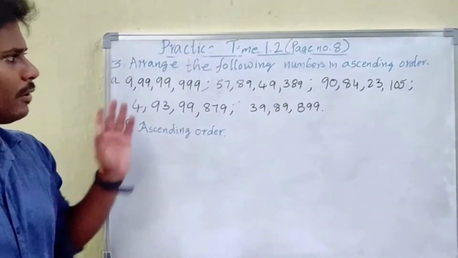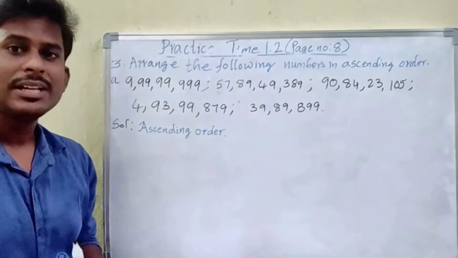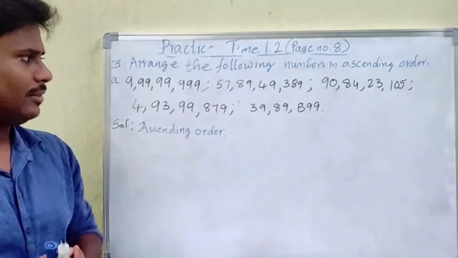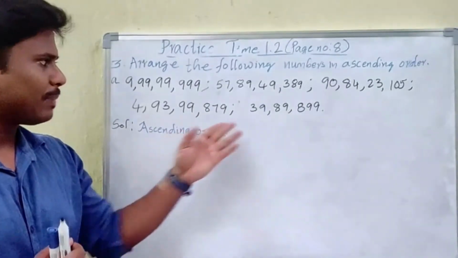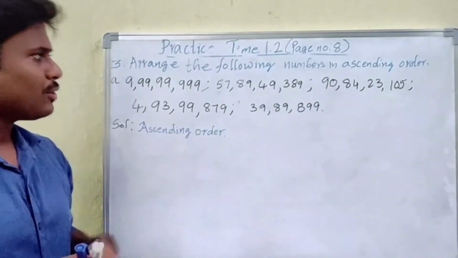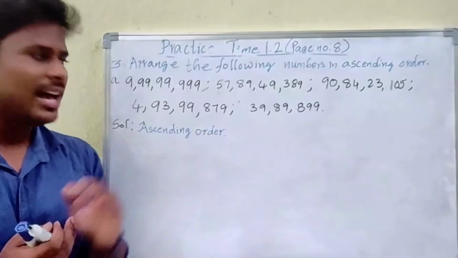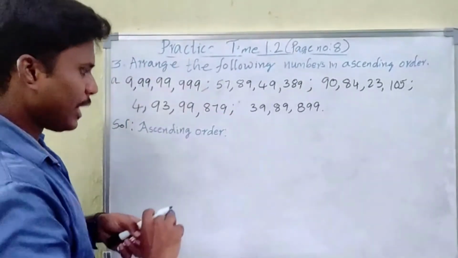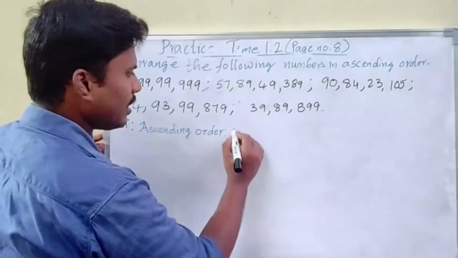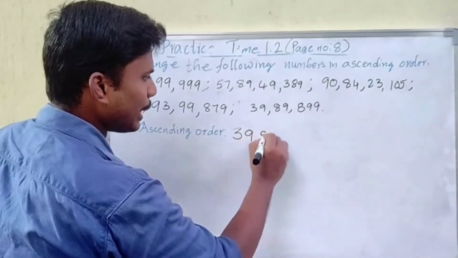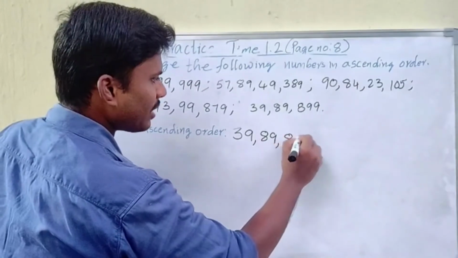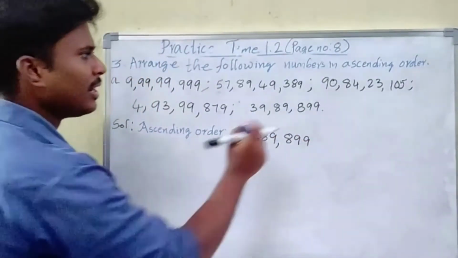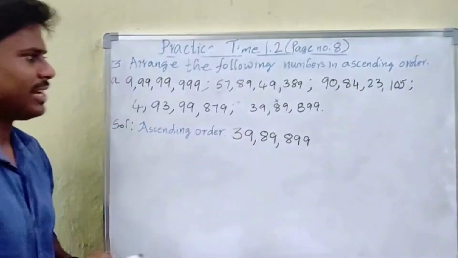Now if you compare like this, which number has fewer digits, meaning less place value? Here we have only the least place, that is 10 lakhs place. So this number will be the smaller number, and let us arrange in ascending order, smaller number to bigger number. So 39 lakh 89,899. As we completed this number, I am going to keep a small strike.